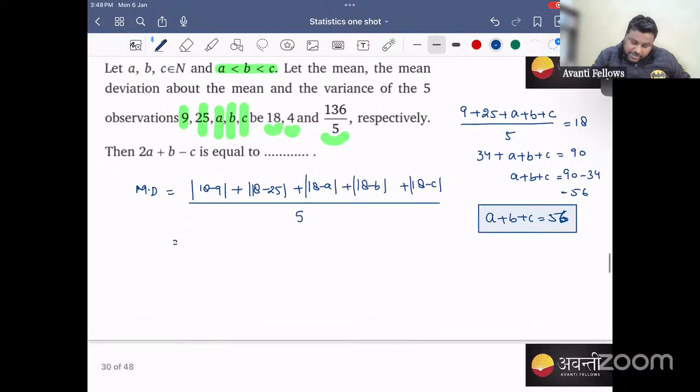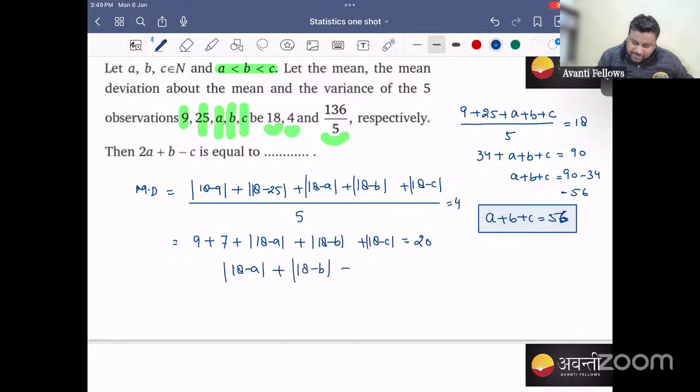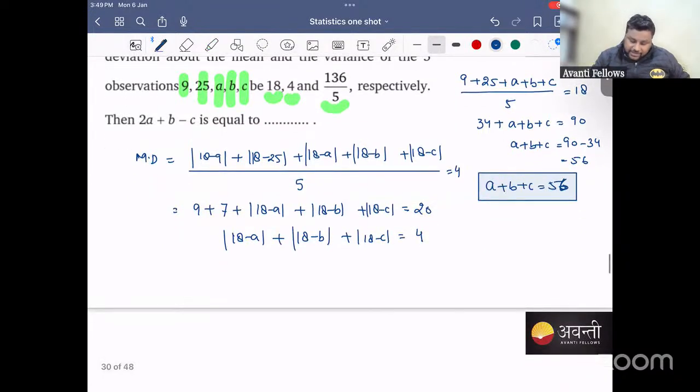This is given to me as 4. So this is 9 plus 7 plus the magnitudes of 18 minus a, 18 minus b, 18 minus c equals 5 into 4, that is 20. So 18 minus a mod plus 18 minus b mod plus 18 minus c mod will be 20 minus 16, that is 4. This is the second relation.